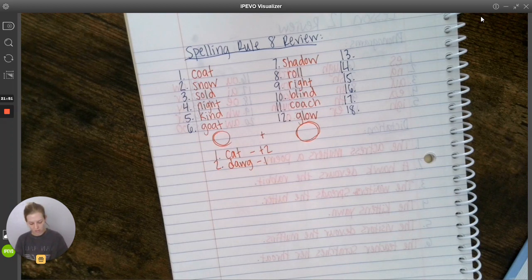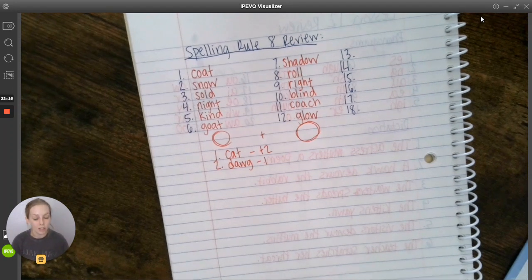Soap. Make sure to wash behind your ears with soap. And number 18 is stroll. Let's take a stroll around the park.